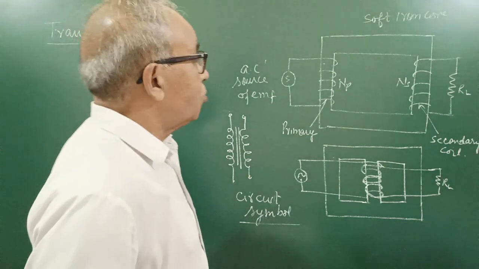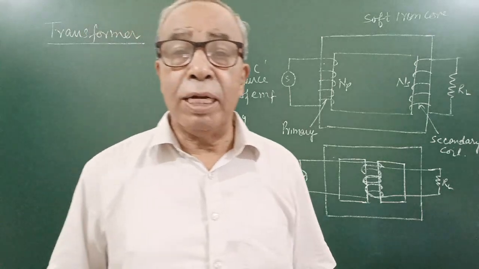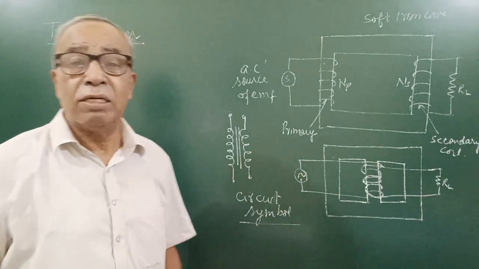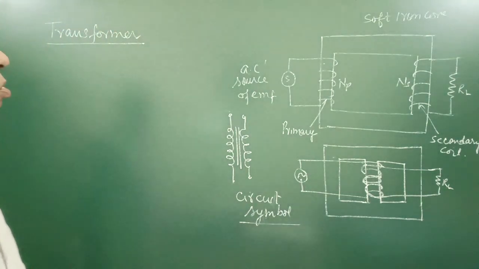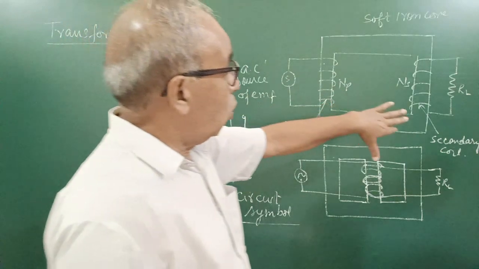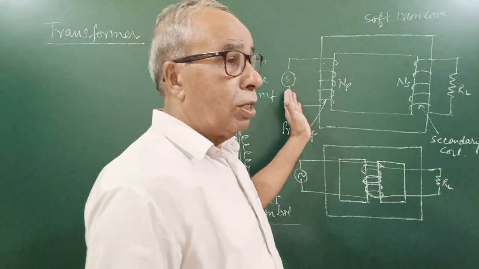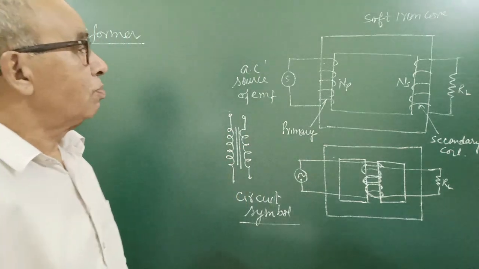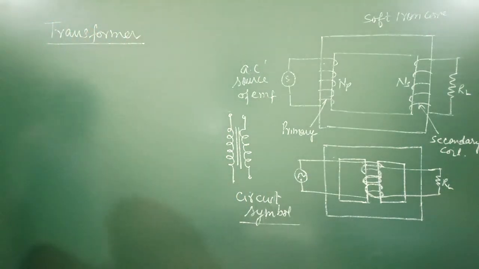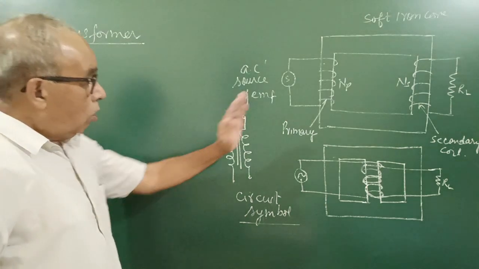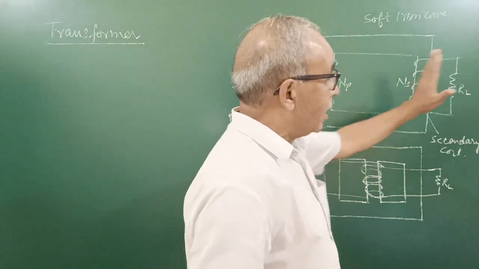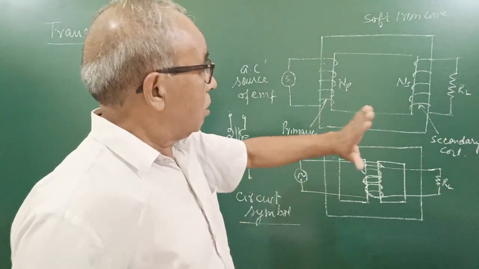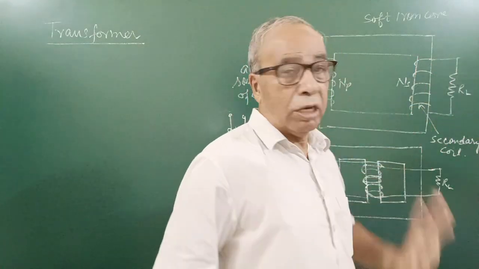So now, what is a transformer? You can read it from the book also. A transformer is a device which converts high voltage, low current into low voltage, high current, and vice versa, means low voltage, high current into high voltage, low current.